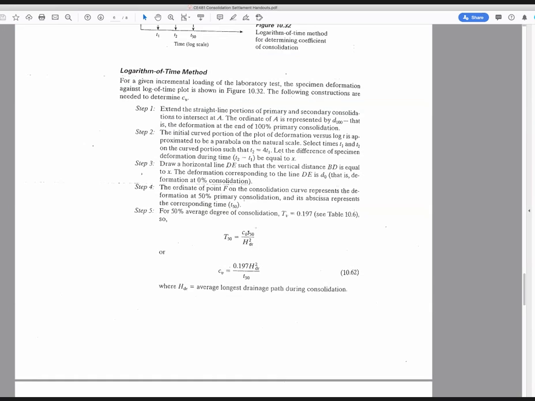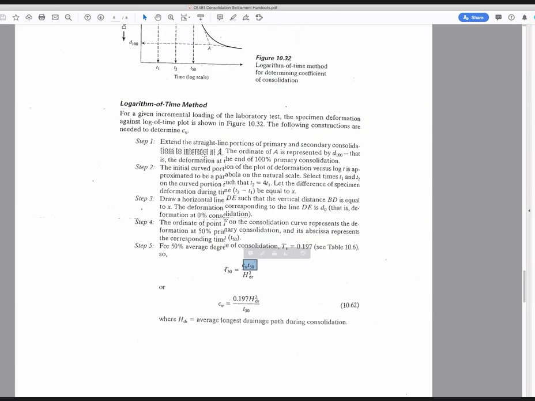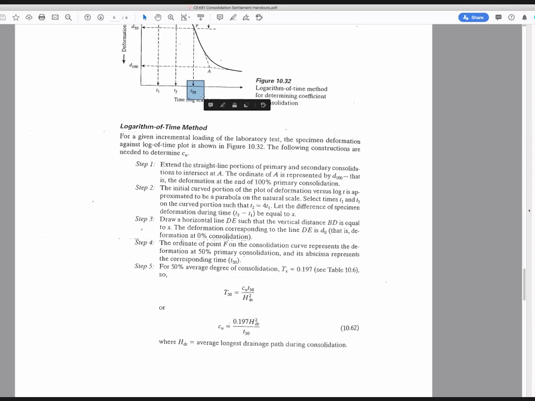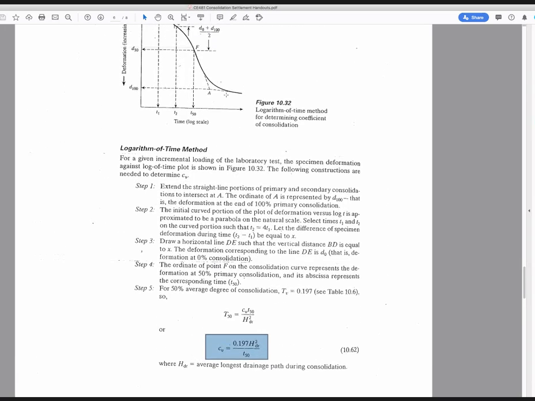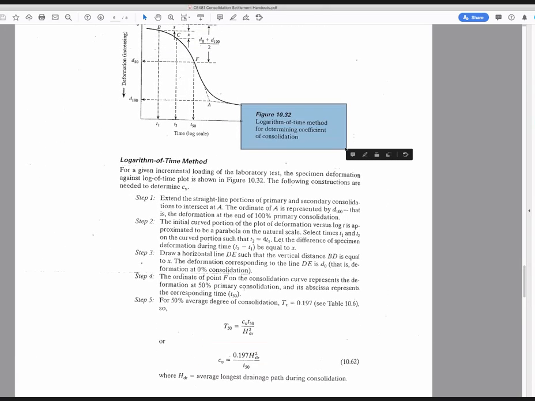Little t50 is what we just found on the graphic. That's this point here. And H drainage squared has to do with whether this is single or double drained. And remember that you're dealing with a small laboratory specimen. So it's on the order of 1 inch or 3/4 inch or half of that. And that lets you rearrange this to solve for C sub V. That's how you would get it for the T50 method.